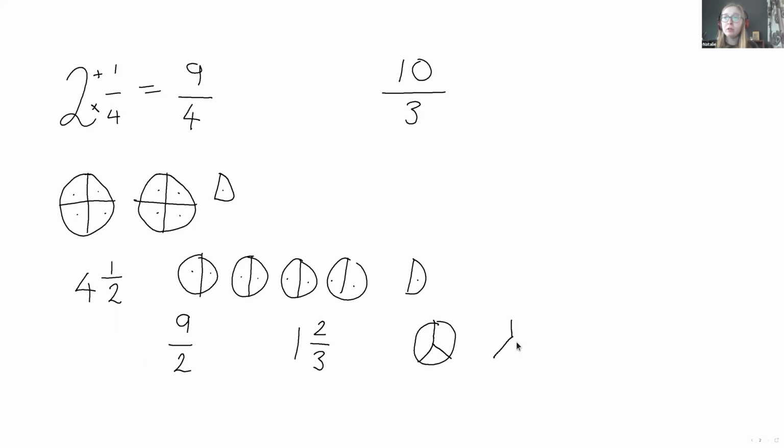And then I've got 2/3 here. So I've got 1, 2, 3, 4, 5. I've got 5/3. 3 times 1 is 3, add 2 would have given me the 5. And that's it. That's how we turn mixed numbers into improper fractions.